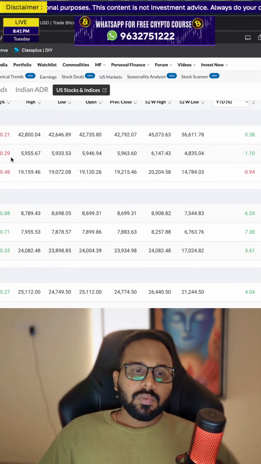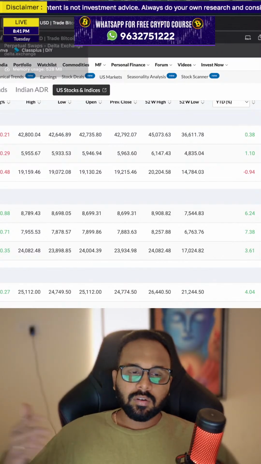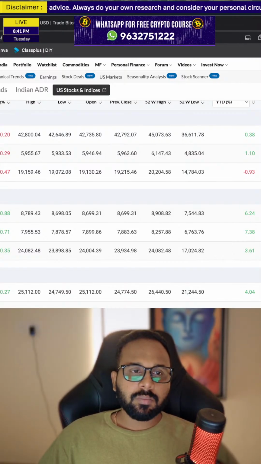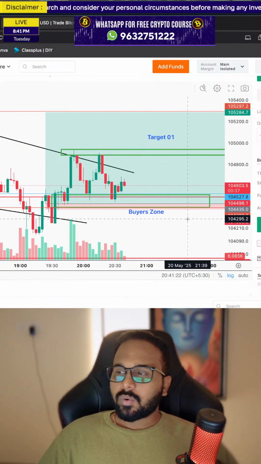It's not more than 1% down for it to say that it will continuously move towards the downside. At some point, if it comes to yesterday's closing level also, it's kind of okay for us.